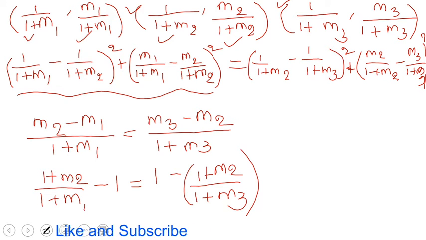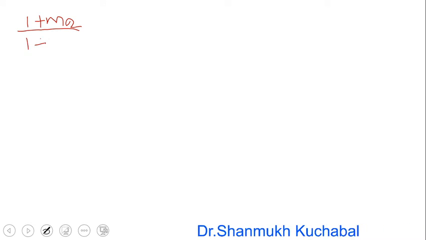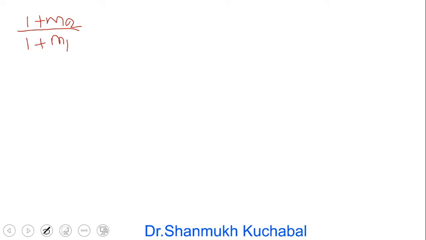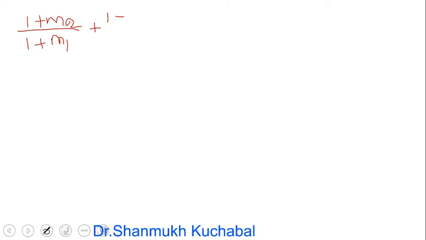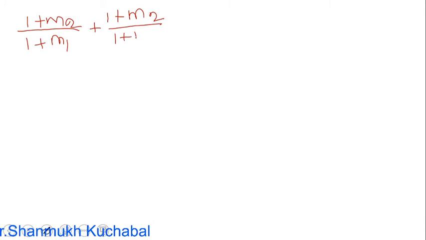Yes, so further, variables and constants we will take to the RHS. So we are going to get (1 + m2)/(1 + m1) + (1 + m2)/(1 + m3) equal to 2.